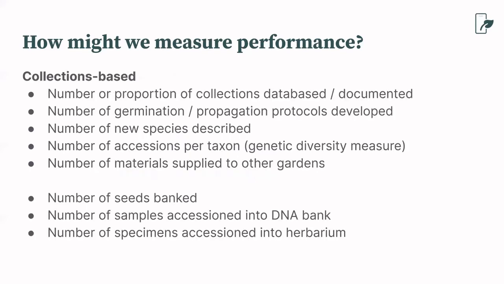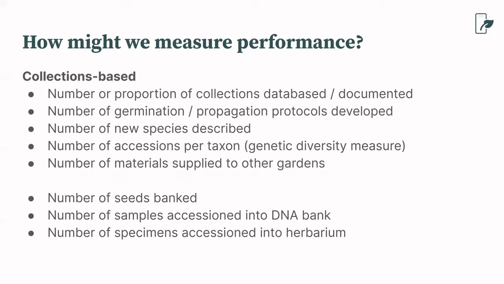When it comes to collections, there are a whole host of topics that you could look at. Some of these examples are the number of collections that you've databased or you've documented, the number of protocols that you've developed, so looking at it from a horticultural perspective.